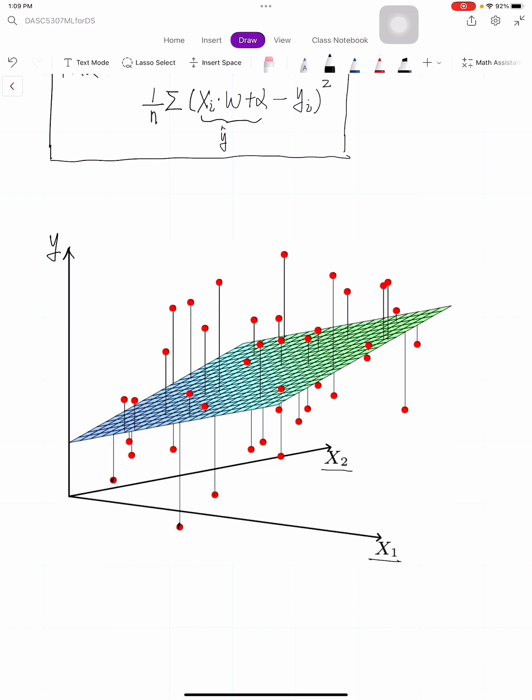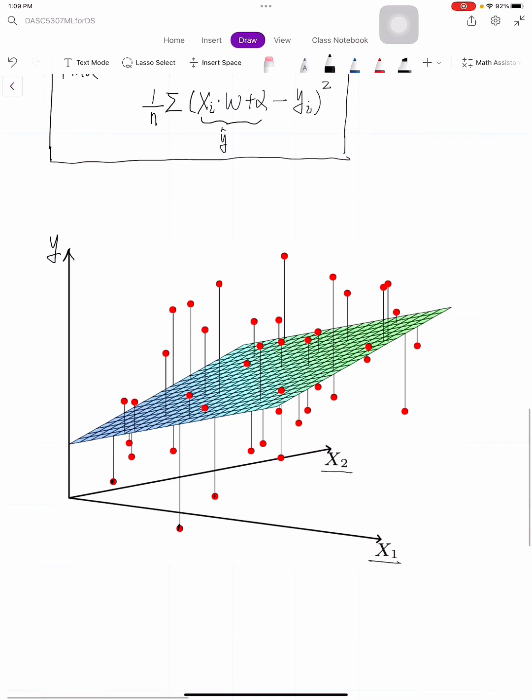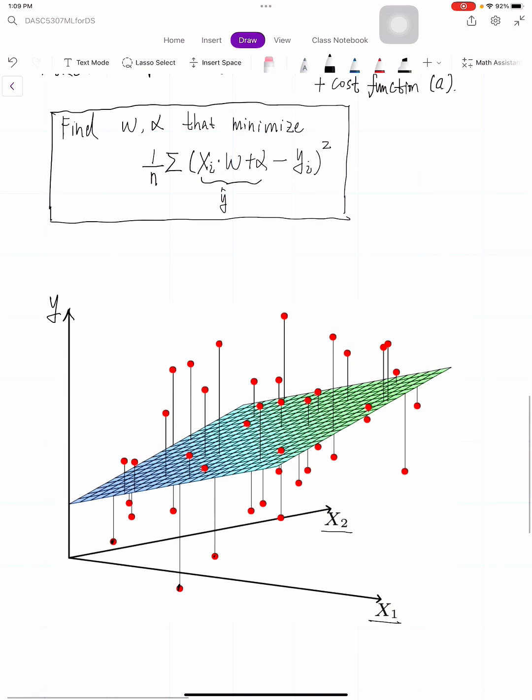The question is, how can we find the best fitting plane that minimizes the distance between each observed y and the predicted y? Predicted y means the prediction by the model, so it's y hat here, and the observed is yi here.